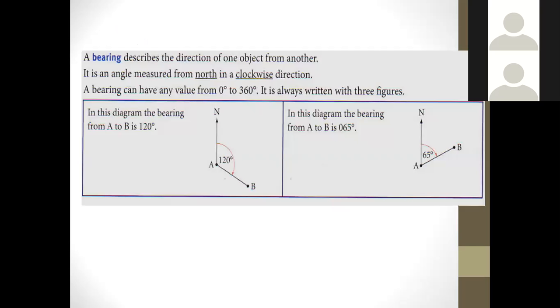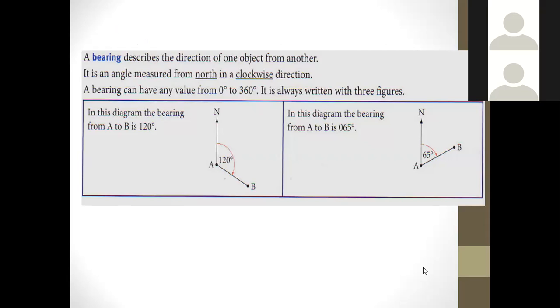What does bearing mean? When we are talking about bearing, we are describing the direction of an object relative to another. We said last year that bearing is a way of telling the position of an object compared to another.